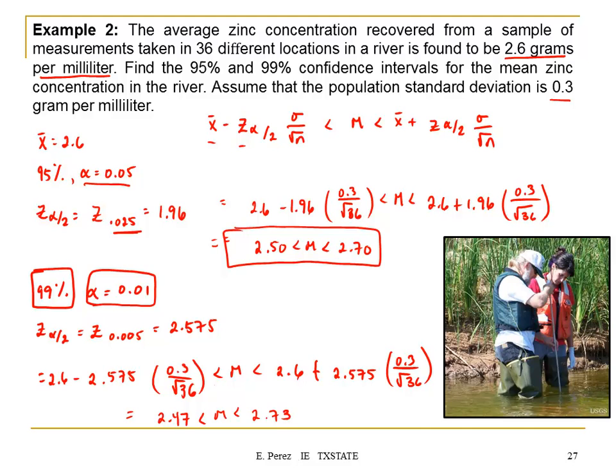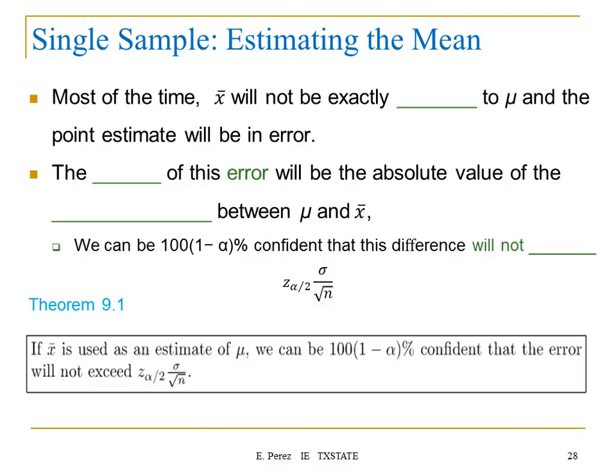So I believe we covered this problem in class. The next thing is talking about how to use these confidence intervals to compute other things. So most of the time x bar, which is the sample mean, will not be exactly equal to mu, and the point estimate will be in error. The size of the error will be the absolute value of the difference between the population mean and the sample mean. We can be 100% times 1 minus alpha percent confident that this error will not exceed this value.